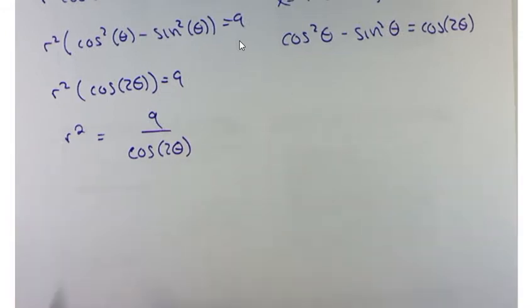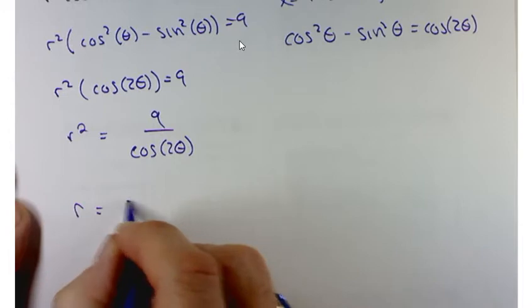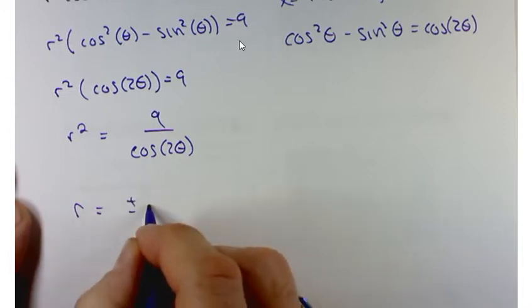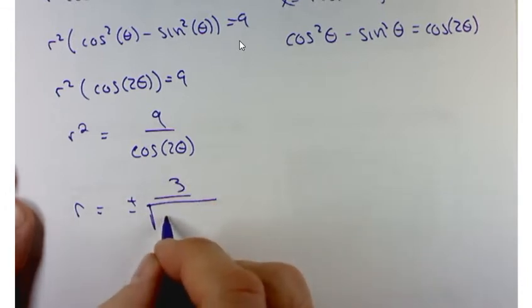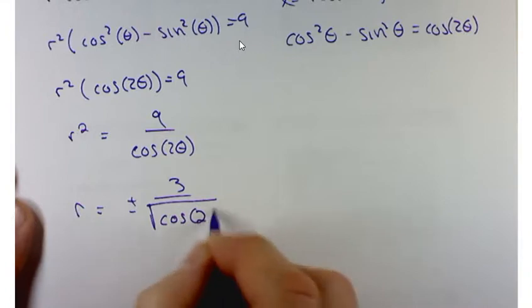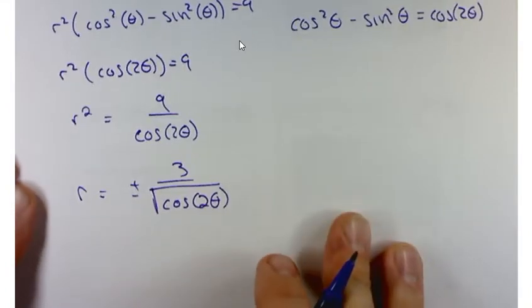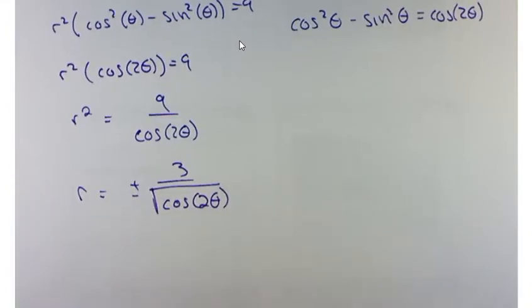What does r equal? Yeah, square root of this whole thing. Let me just put 3 in the numerator and plus or minus square root of cosine of 2 theta in the denominator. So there you go. Personally, I think I like this better in rectangular coordinates. But like I said, some work better in one form than the others.